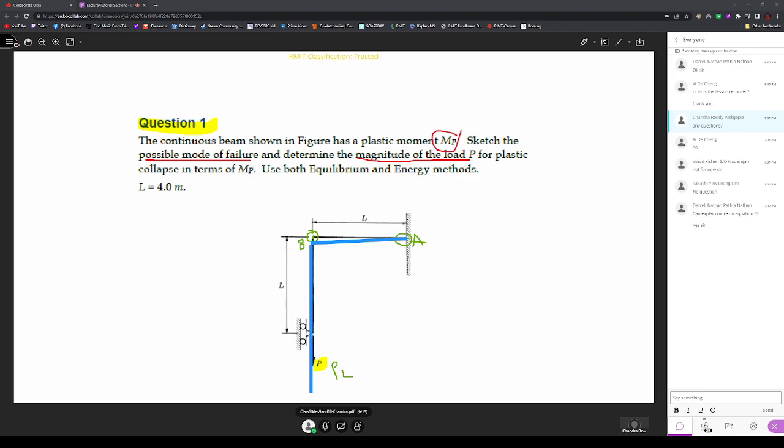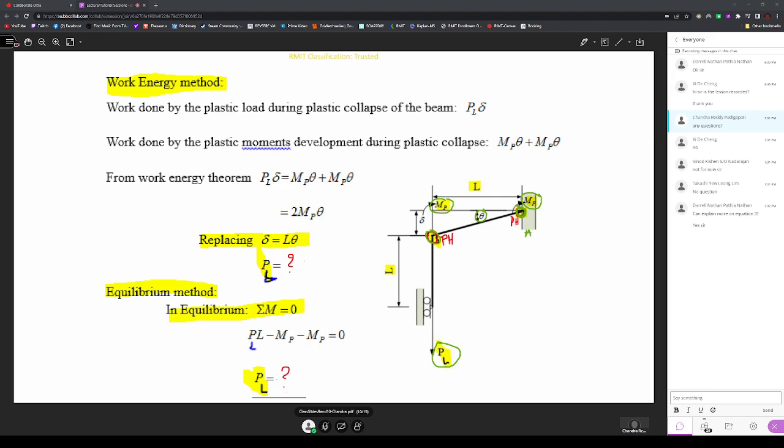We call this the angular displacement of the beam, theta. This is exactly the same thing shown here. Just focus on this. Is that clear? Okay.